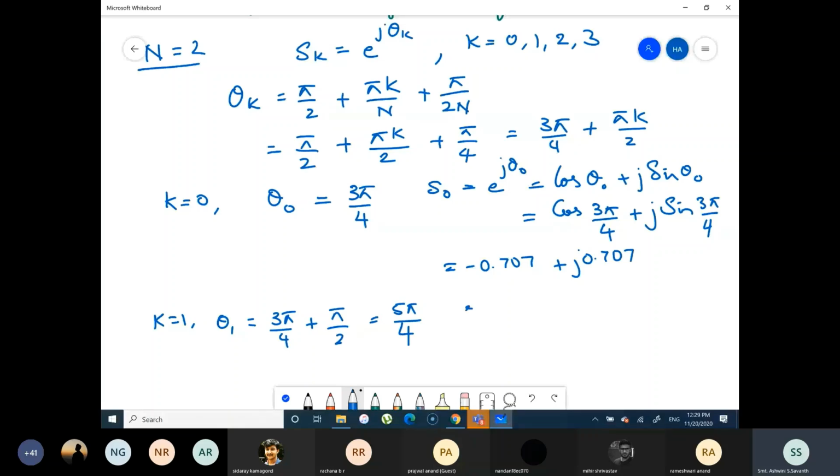So S1, the location of the second pole, is cos 5 pi by 4, which is minus 0.707, plus j sin 5 pi by 4, which is minus j 0.707.